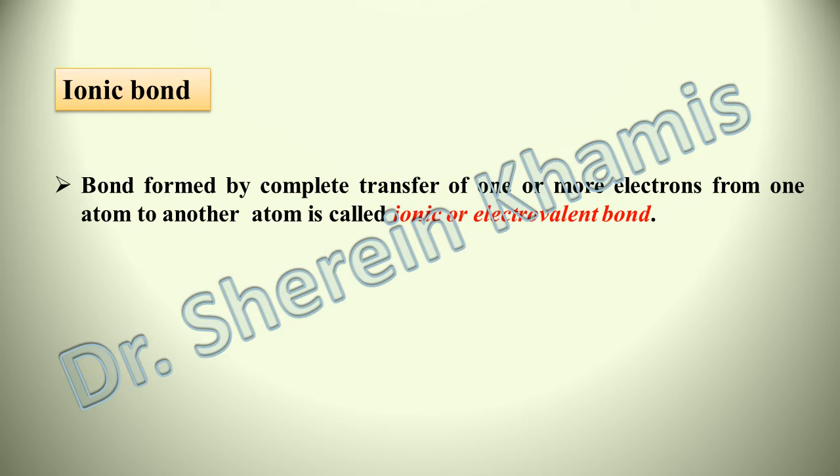If we make a transfer of electrons between two kinds of atoms, we form an ionic or electrovalent bond.